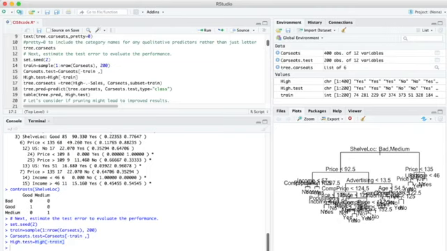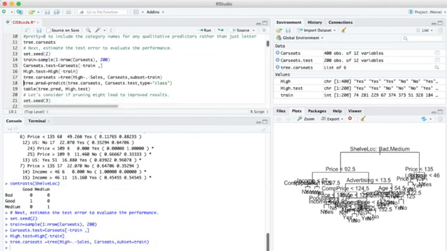Then we build the decision tree based on the training data, which we name tree.carseats, equal to tree, where hi is built on all the other predictors except Sales, using the Carseats data set, but now with subset equal to the training data.